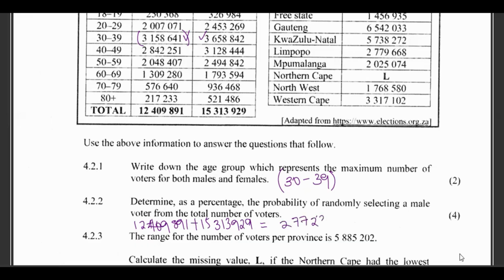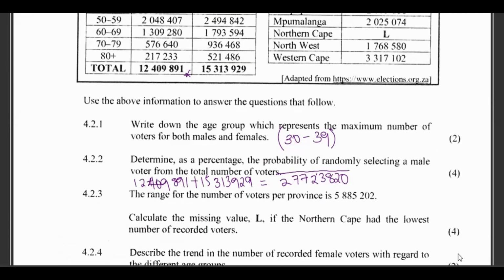So remember, the probability is to pick. So it's going to be the number of male voters, who are these ones here, over that number that we've just got. Probability of randomly selecting a male voter. They didn't tell us which province or which area, so it's straightforward.